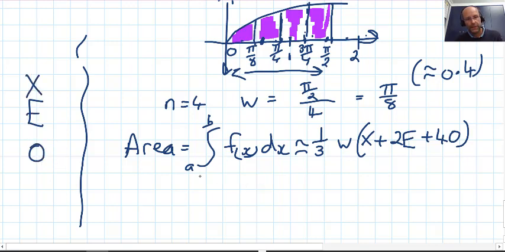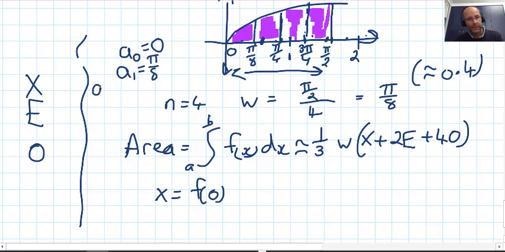Okay, so X is the ends, so X will be f of naught. Okay, because A of naught in this case is 0. Alright, and A of 1 is pi on 8. A of 2 is pi on 4.